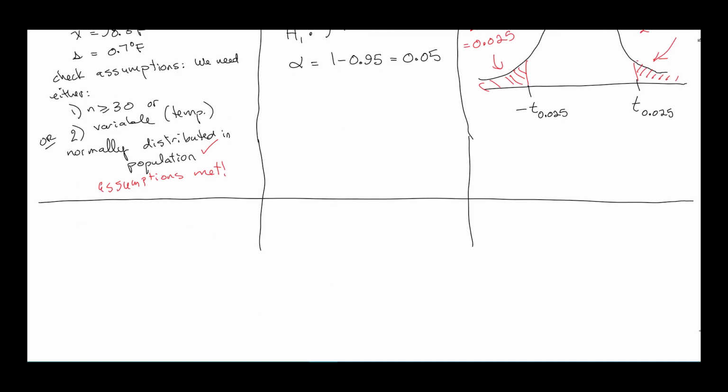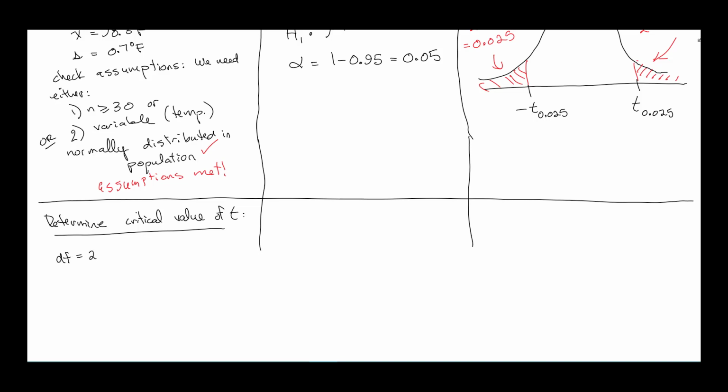Okay, so that's our picture. Now what we need to do is determine the critical value of T. We're going to use our T-table. And to use the T-table, we are going to need the degrees of freedom.